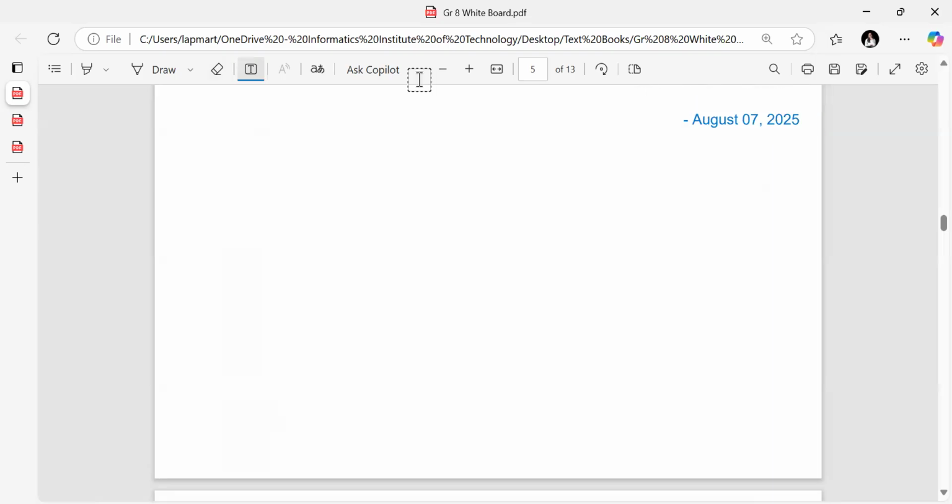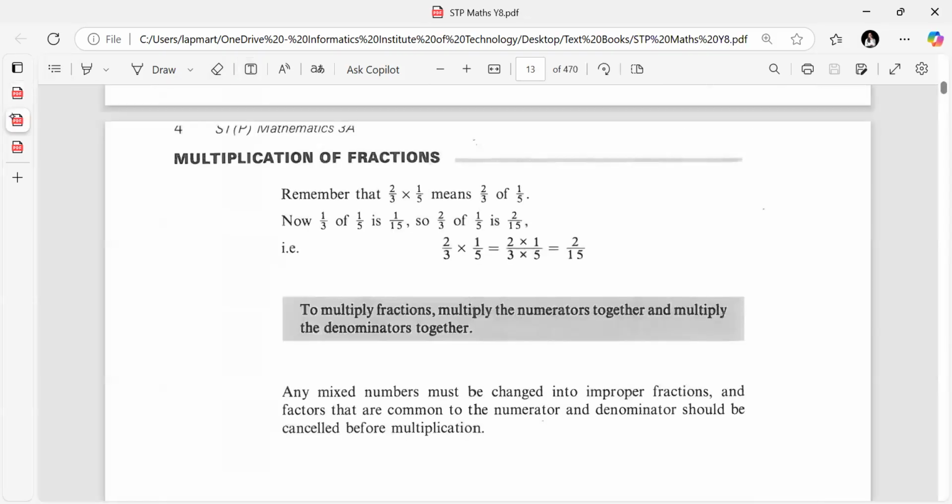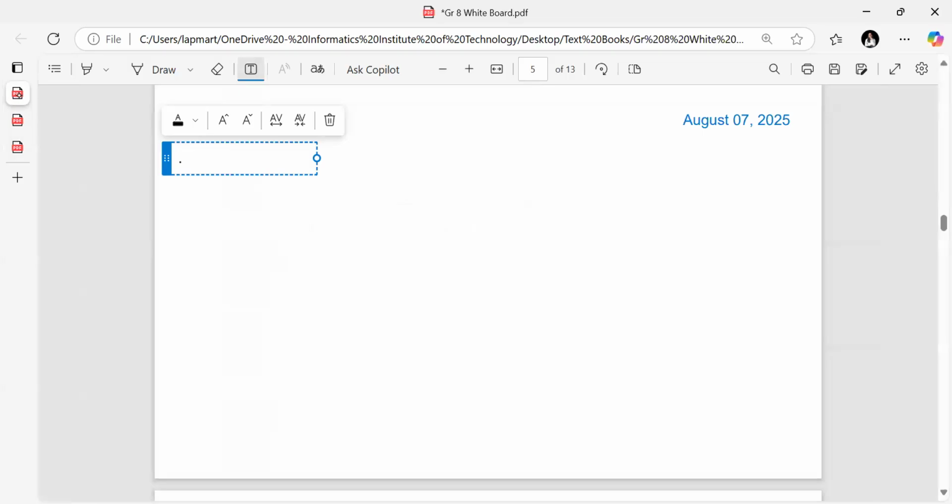And then you need to write the topic. Topic here we will have multiplication of fractions.